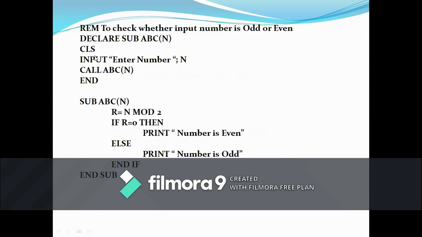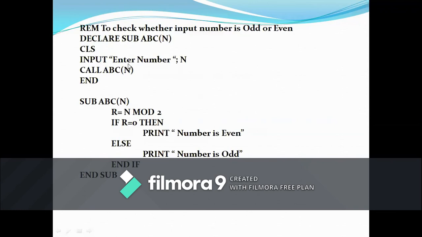So like in the previous program, here we have to declare sub name ABC, and within bracket only one variable is here. In the previous program we had written two variables, but in this program we have written only one variable. The reason is we have to input only one number, and that we have to pass to the sub procedure.